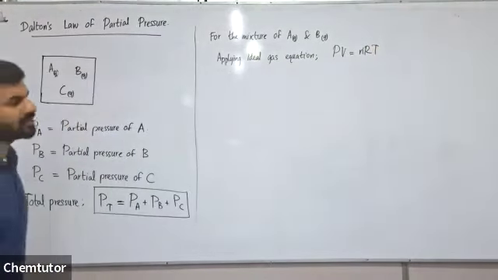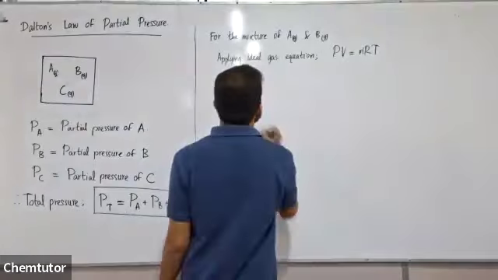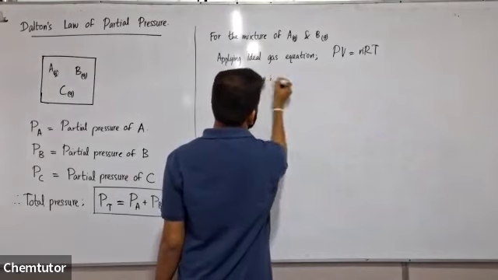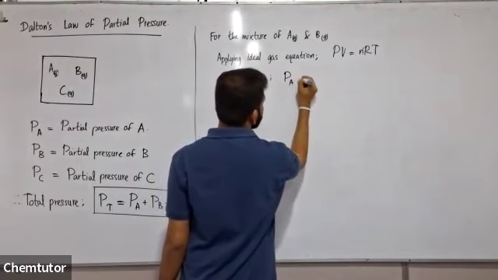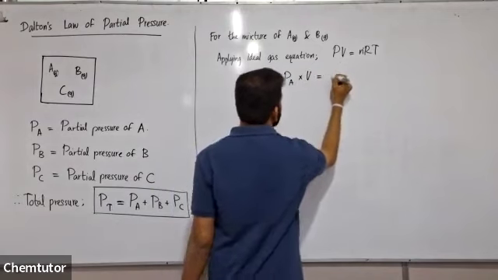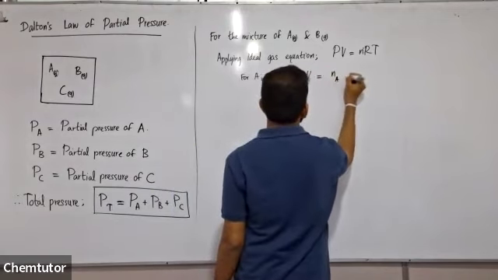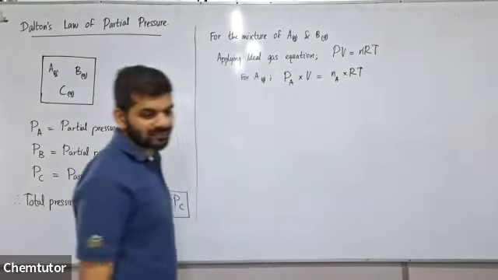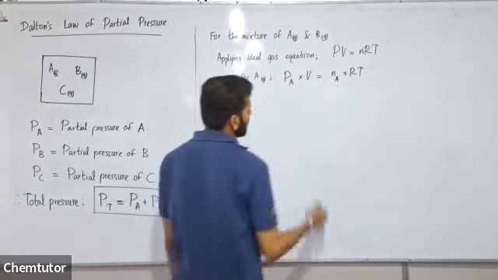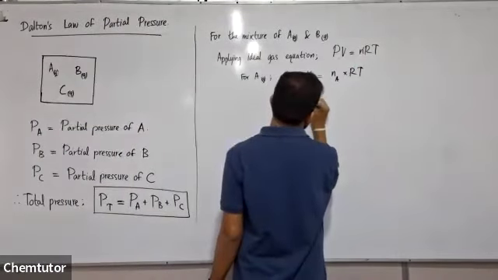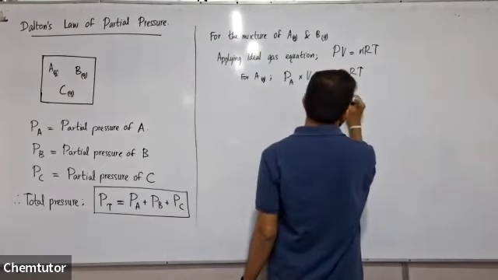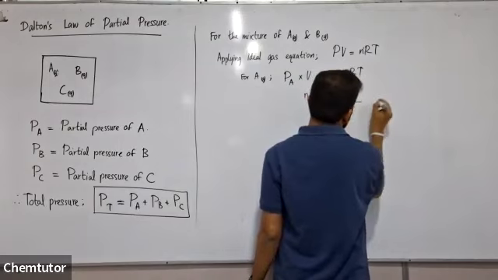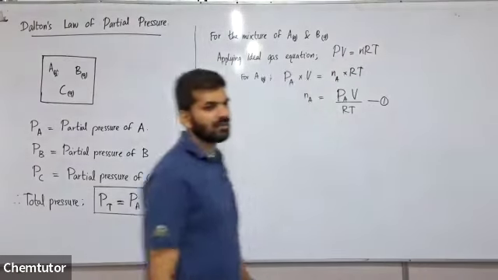Then for A, the pressure will be PA and the volume will be V. The number of moles will be Na into RT. That is for the gas A. Then from there we can write Na equals PA V over RT. Let's take this as the first equation.